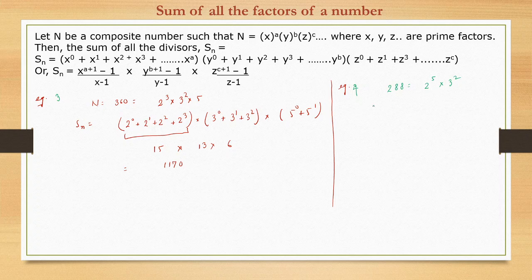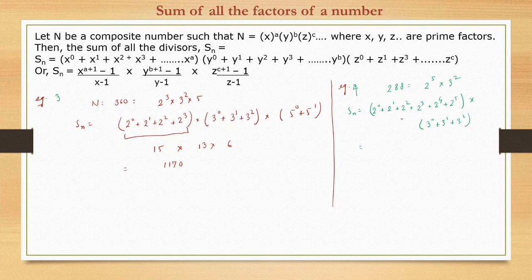So the summation can be written as 2 raised to power 0 plus 2 raised to power 1 plus 2 raised to power 2 plus 2 raised to power 3 plus 2 raised to power 4 plus 2 raised to power 5, into 3 raised to power 0 plus 3 raised to power 1 plus 3 raised to power 2.